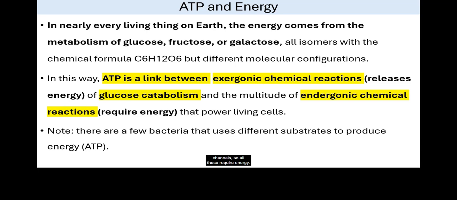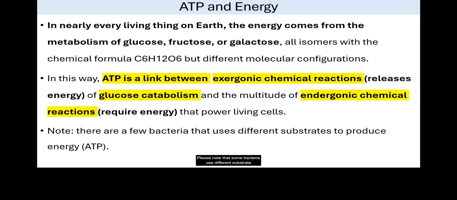All this requires energy. An exergonic reaction releases energy, so it's a type of catabolic reaction. And ATP is what carries energy, giving or taking it up between these reactions.